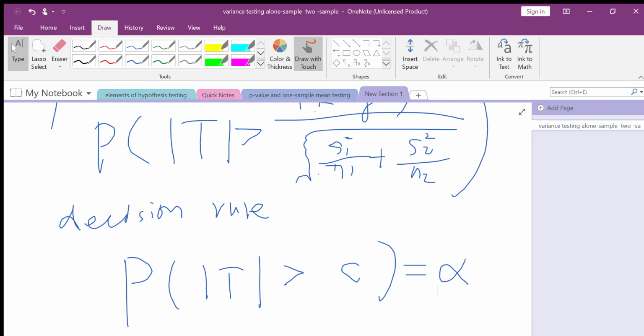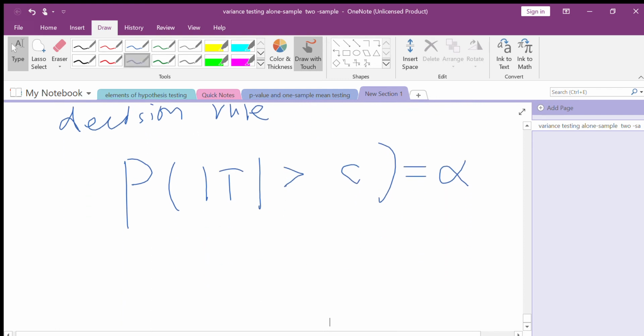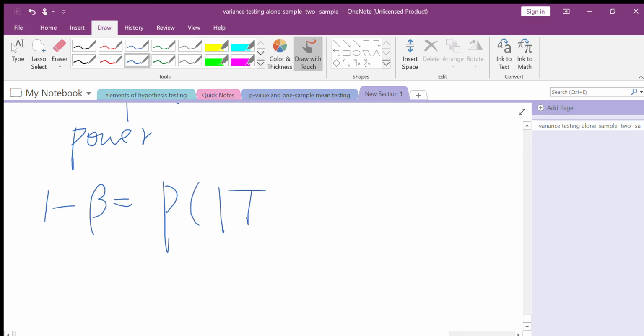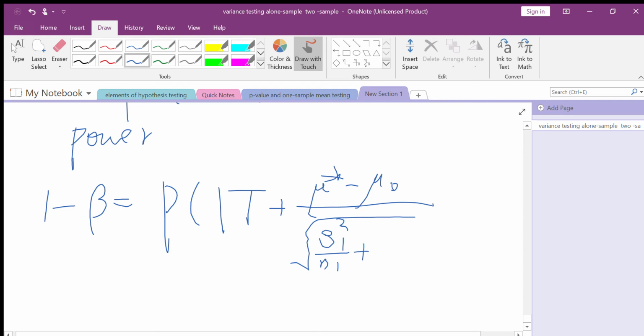And for power, one minus beta is the probability that the absolute value of capital T plus mu star minus mu0 divided by the square root of capital S1 squared divided by n1 plus capital S2 squared divided by n2 is greater than the T quantile with minimum of n1 and n2 minus 1 degrees of freedom at alpha over 2.